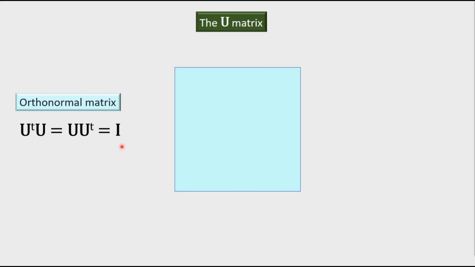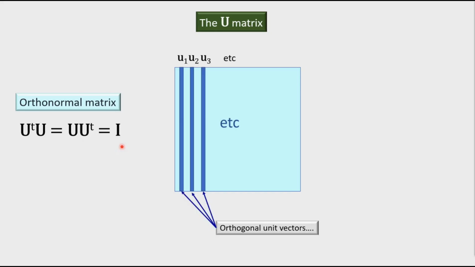Another way of looking at this is to consider the individual columns of the matrix U. These individual columns form unit vectors. These unit vectors are orthogonal to each other. As such, they can be considered to form a new coordinate system spanning model output space.